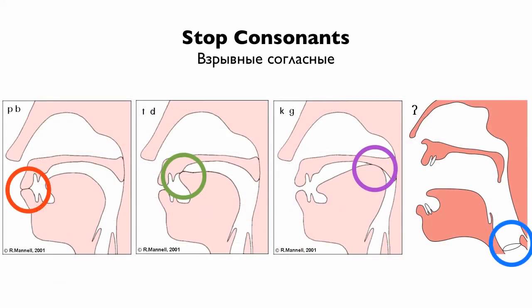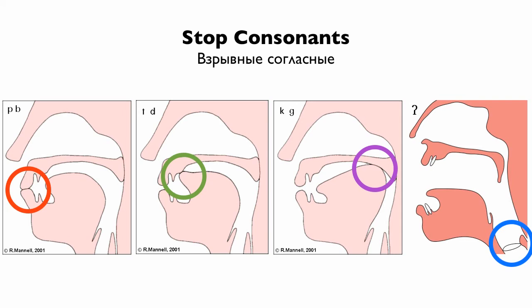Stop consonants are formed when the airflow through the vocal tract is completely stopped. We can block the airflow with the lips, such as with the sounds p and b, with the tip of the tongue to create the sounds t and d, with the body of the tongue for k and g, or with the glottis for the glottal stop.